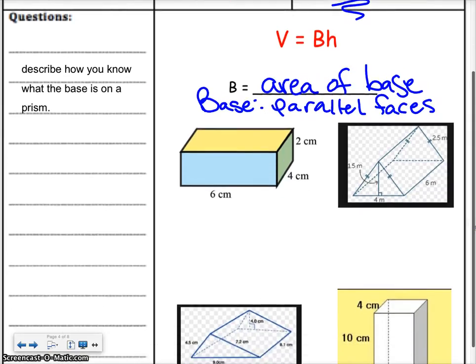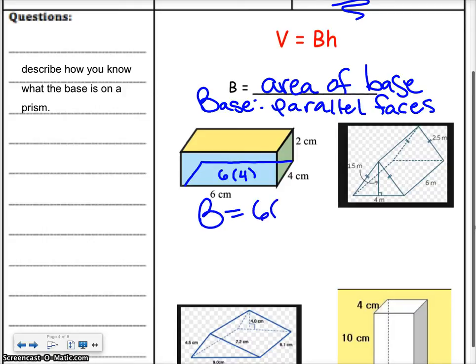All right, first, rectangular prism. I know it needs to be BH, so I have to figure out what my area of the base is. I'm going to do the bottom as my base, since most kids like that. Envision that down here, this is a rectangle. What is the area of this rectangle? 6 times 4.